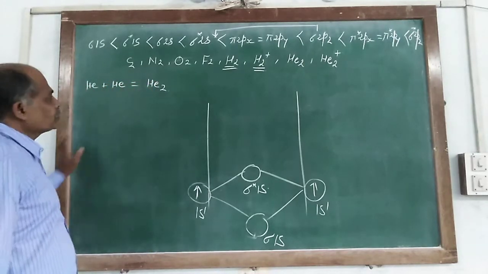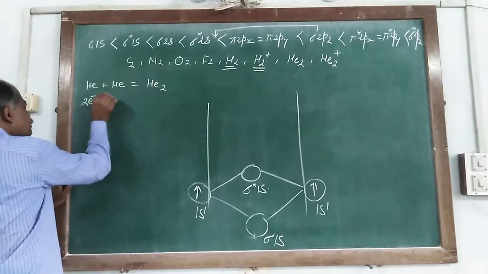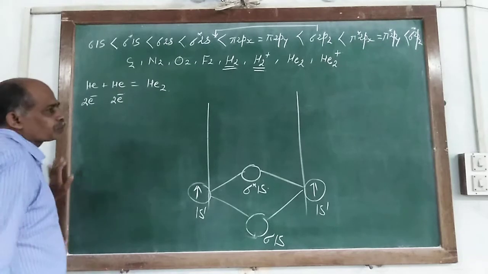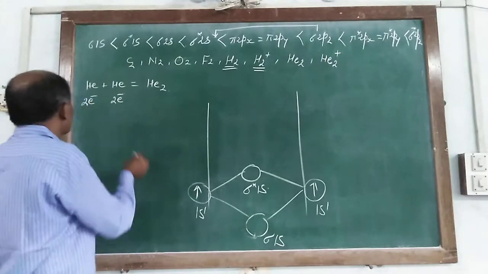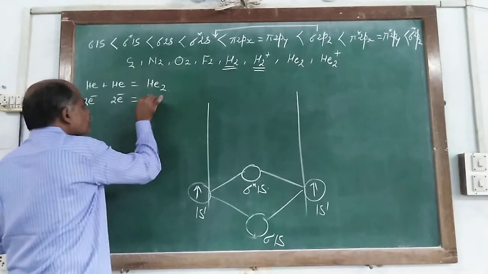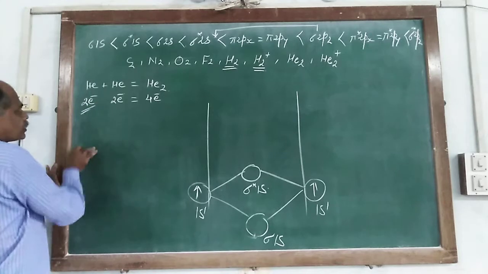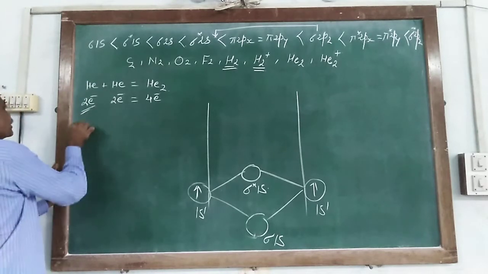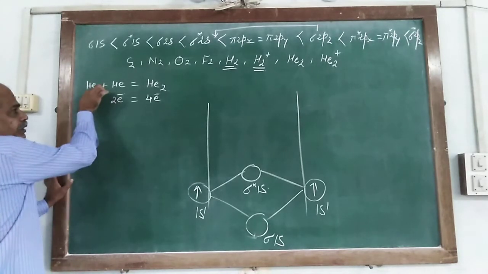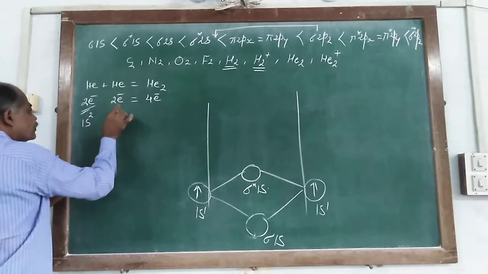Each helium atom has 2 electrons, so in the He2 molecule there are 4 electrons present, and the electronic configuration of each helium atom is 1s2.